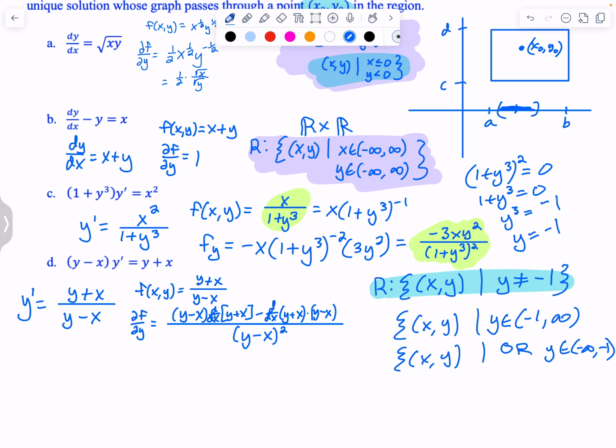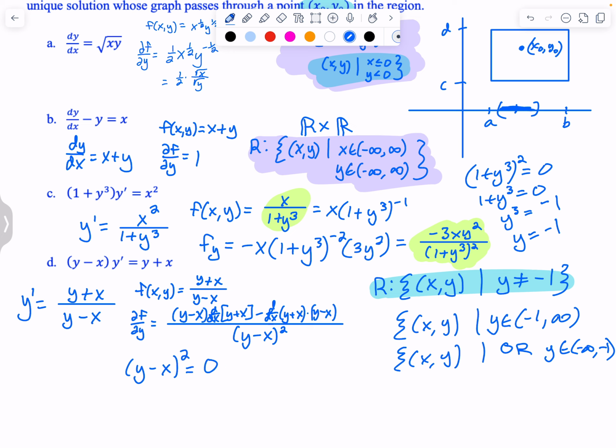Now, this is just a theorem. We're trying to find R. I'm actually not going to simplify that at all. The reason being is the numerator doesn't have any kind of function that I have to worry about. There's no square roots. There's no fractions in the numerator, so I don't have to worry about another fraction happening. So really, all that's happening in both of these is that I need y minus x, and the square is going to take care of both.